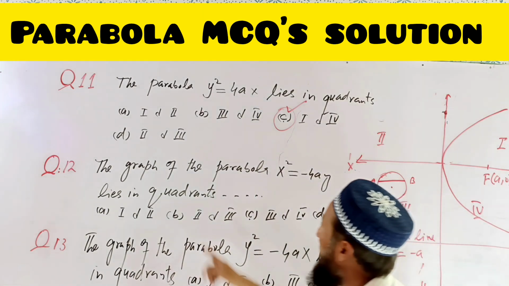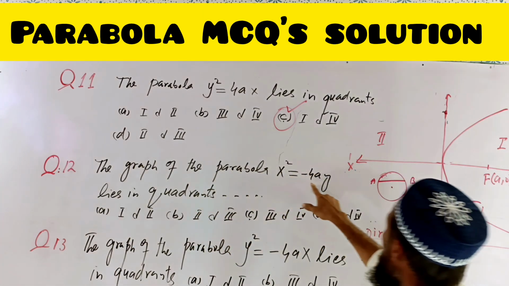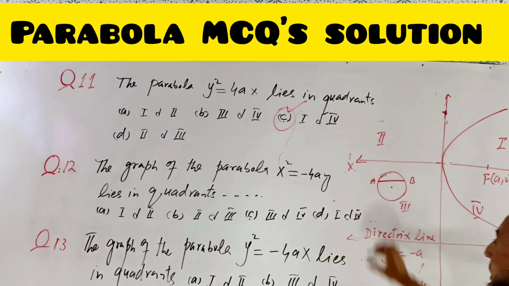Question number 12: the graph of the parabola x square is equal to minus 4ay.